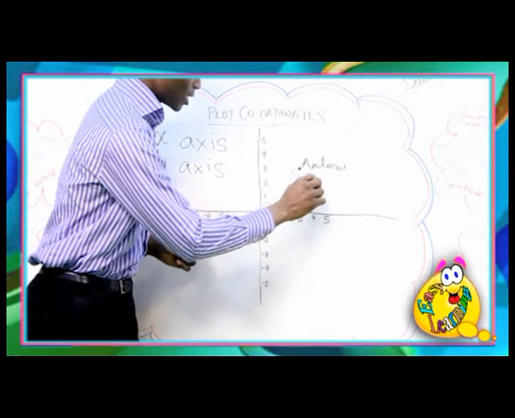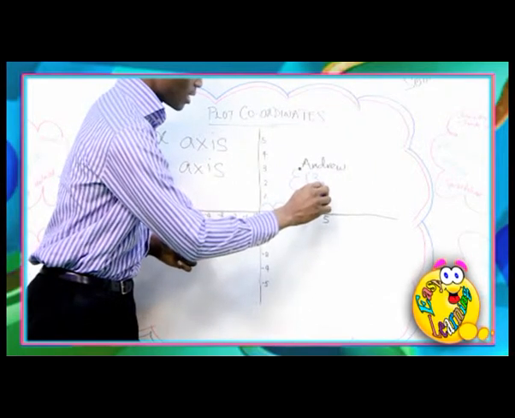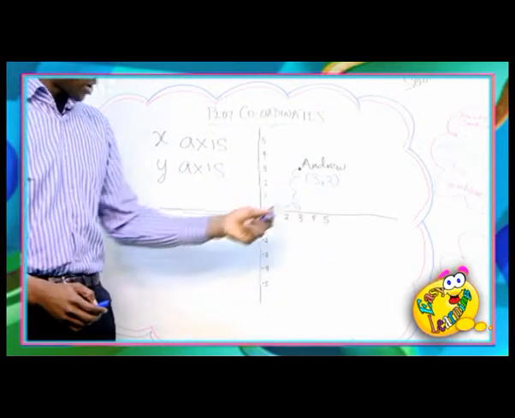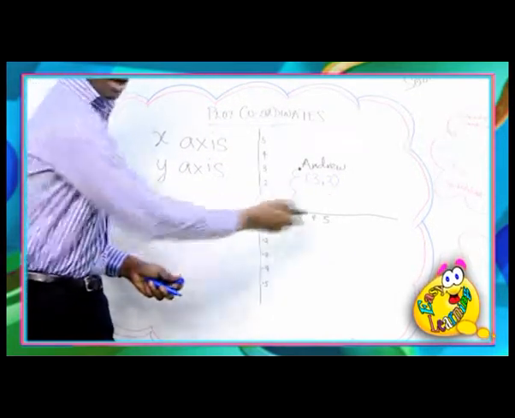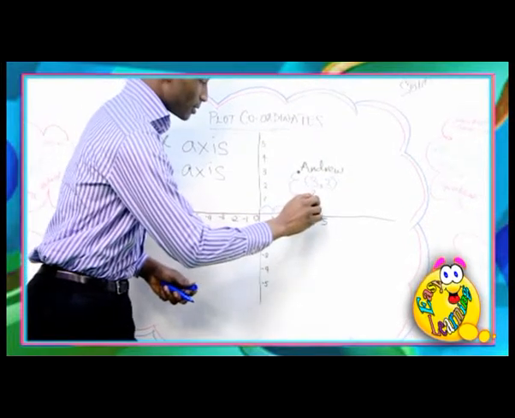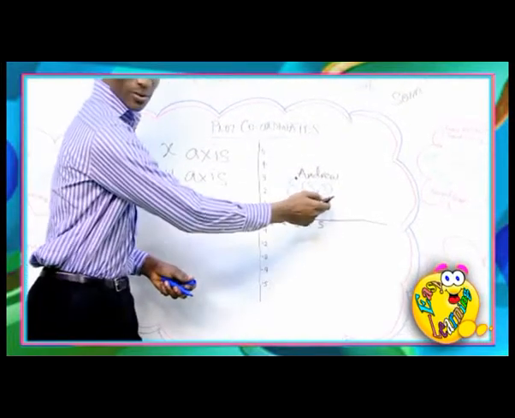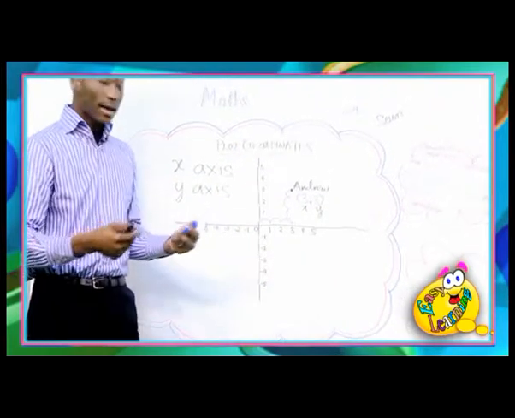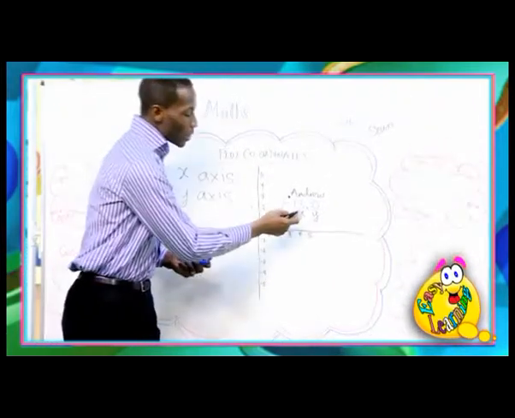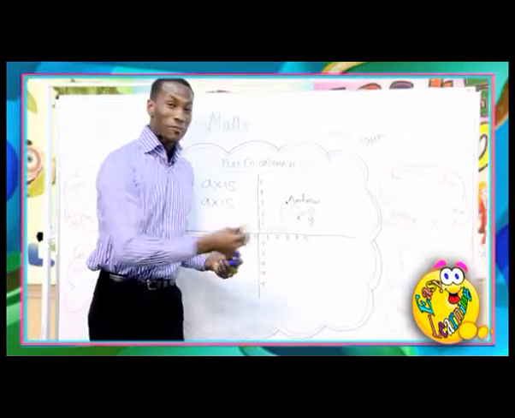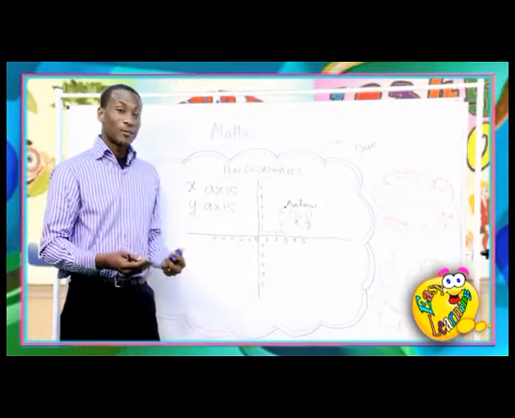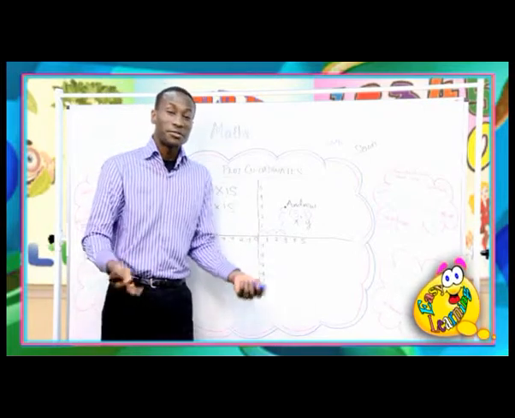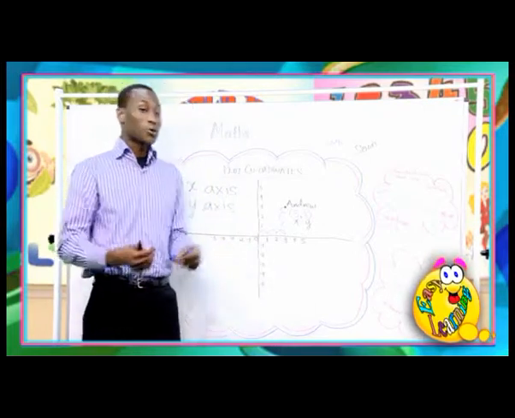So this position here is 3, 3, where the first 3 is for our X-axis and the second 3 is for our Y-axis. Now, when we have 3, 3, if you're giving me your address, you would say your number is number 11 or number 15 or number 20.